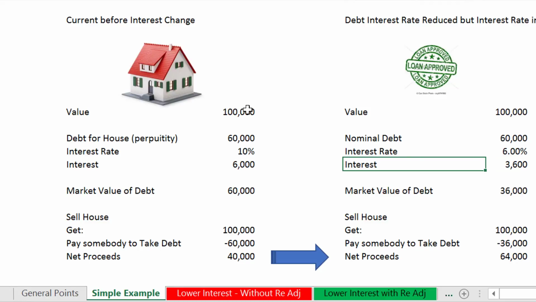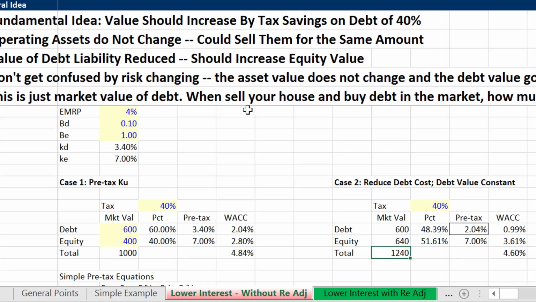Now if you take that interest reduction, and the market value of that debt, remember we're going to use the pre-tax cost to value everything, that's not changed. We just take a reduction. Now the value goes up, and the value went up by the change in the debt. That's all it did. The change in the debt here makes the value go up, and that's what should happen in the whole financial model.